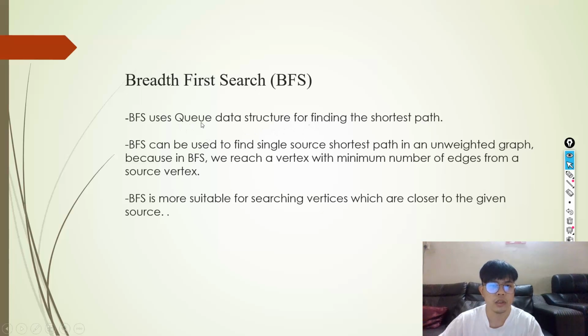In this situation, I prefer BFS using the queue data structure instead of DFS. Next, it can be used to find a single-source shortest path in an unweighted graph, because in BFS we reach a vertex with the minimum number of edges from a source vertex. Next, BFS is more suitable compared to DFS for searching on vertices which are closer to the given source.